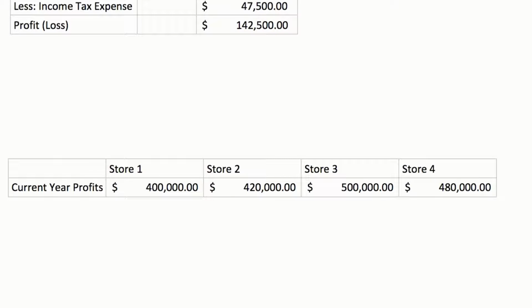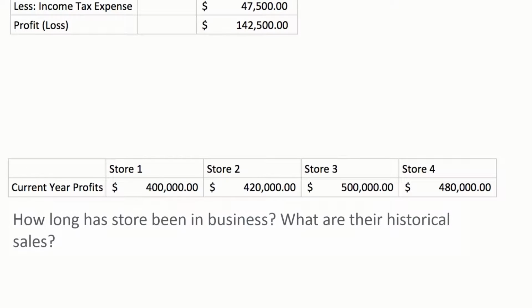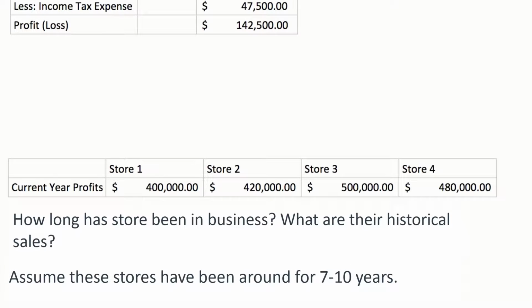All 4 stores have sales that are between $400,000 and $500,000. So, although these stores are selling more product than the store we're looking at investing in, there are still other factors that we must look at, like how long these stores have been in business and what their sales were like in their previous years. Let's just say that these 4 stores have been around for 7 to 10 years.